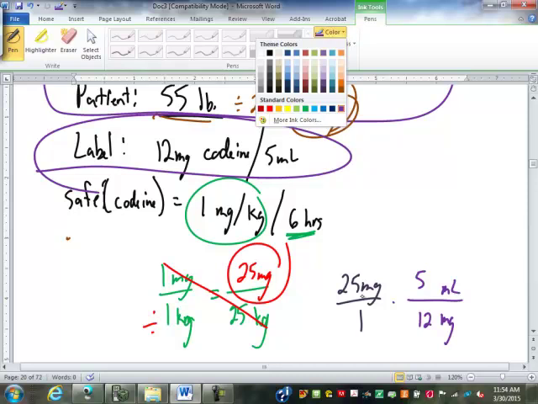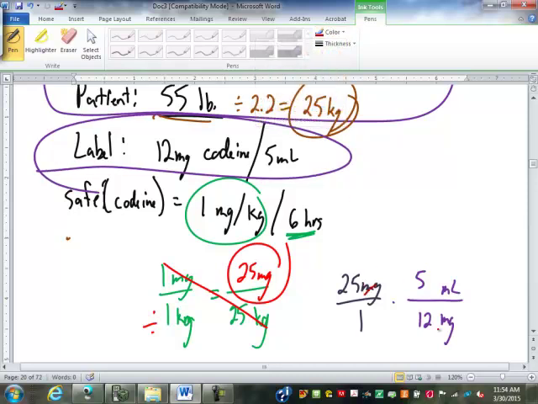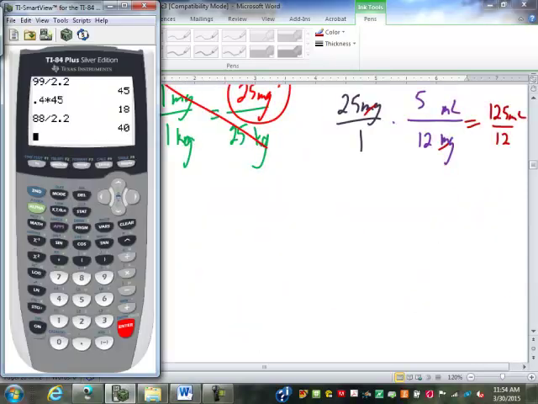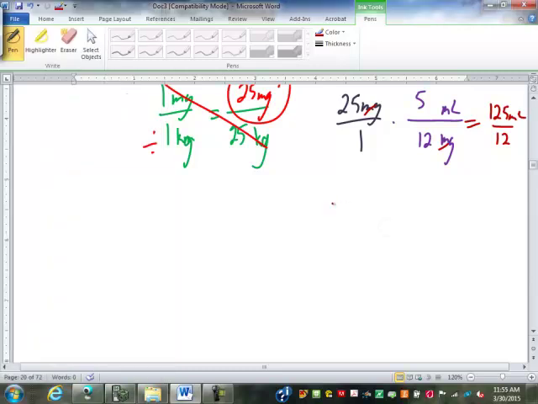So the milligrams cancel out. 25 times 5 is 125 milliliters. 1 times 12 is 12. So 125 divided by 12 is going to give us 10.42 milliliters.